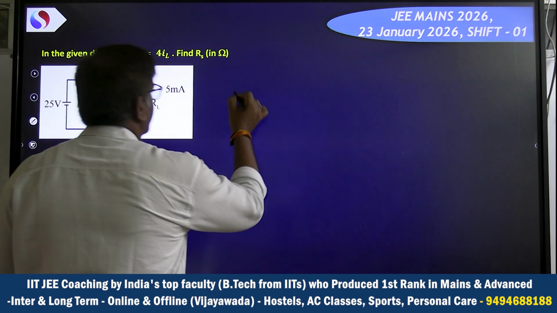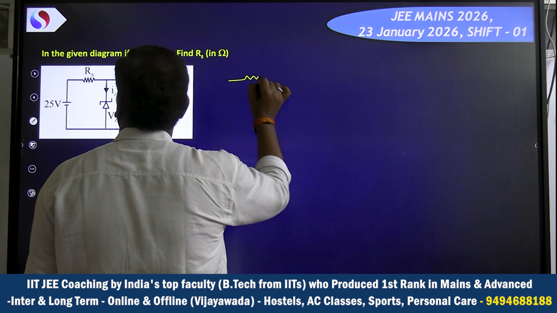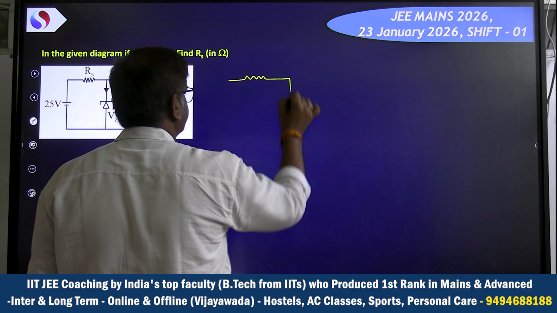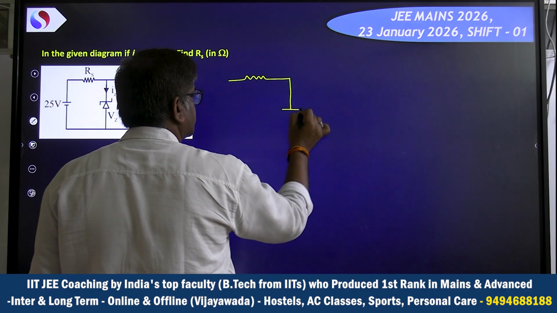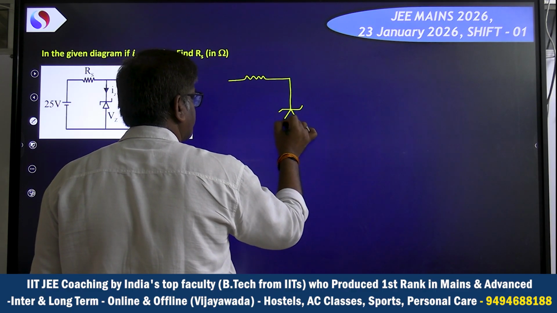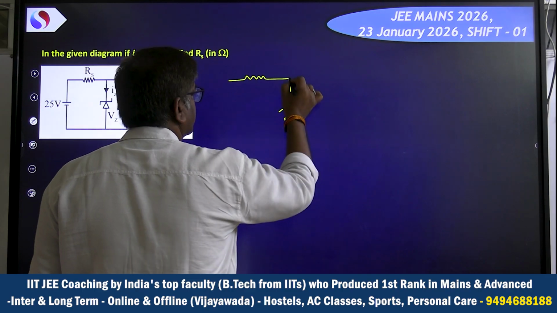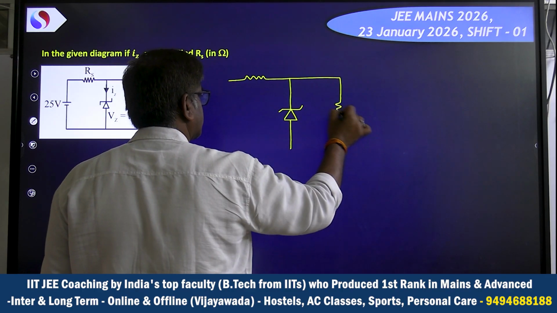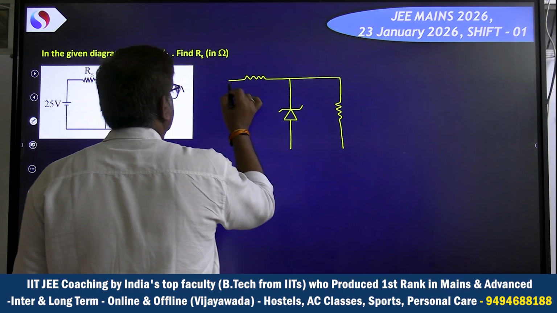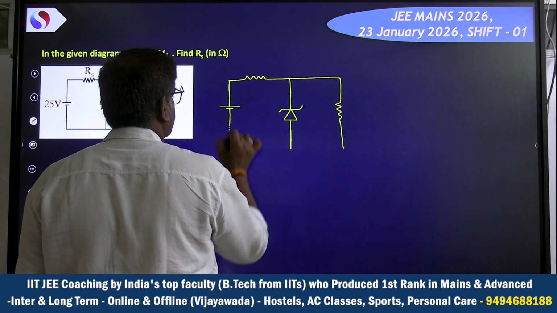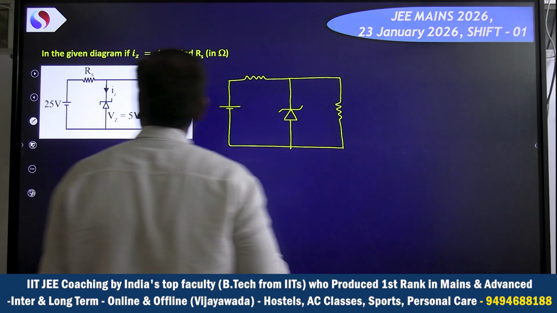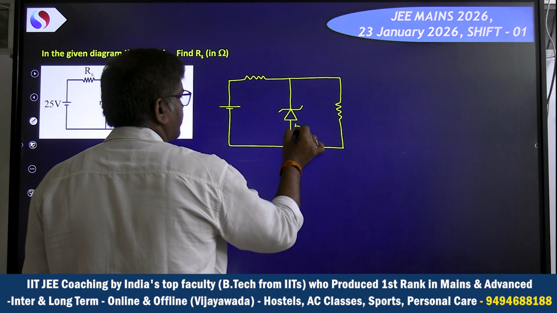So I will make this diagram here so that it is more visible. This is your Zener diode. It works in reverse biasing. Then this is the corresponding circuit. The Zener diode is 5 volt.